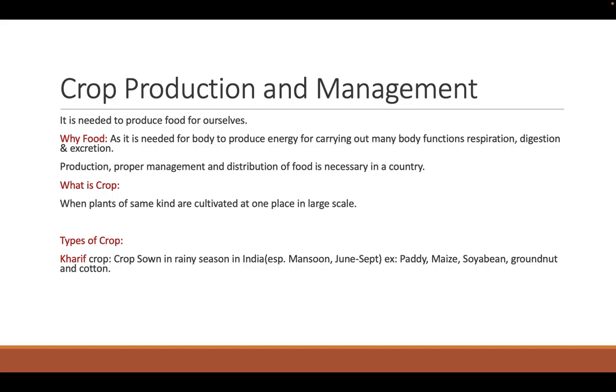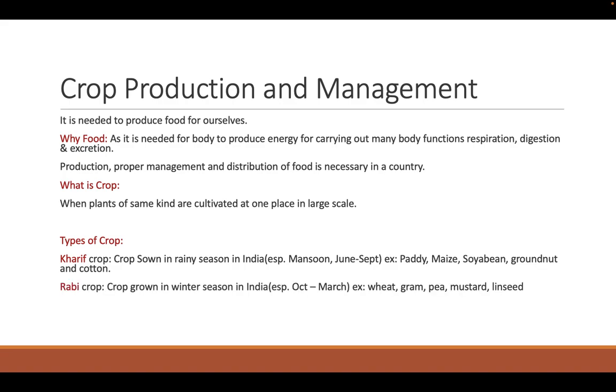Obviously it's a rainy season, a lot of rain, cloudy, humid, wet kind of weather. The main appropriate crops for this season, a few examples we've given here: paddy, that is mostly related to rice, and then maize, soybean, groundnut, and cotton. These are the main crops cultivated during the rainy season.